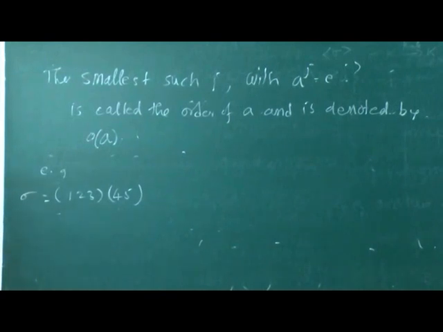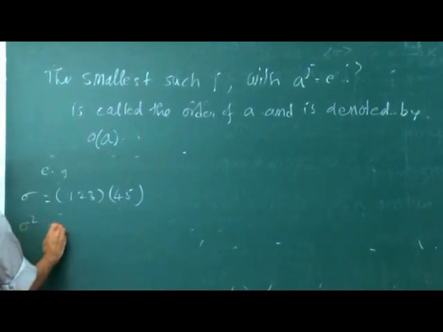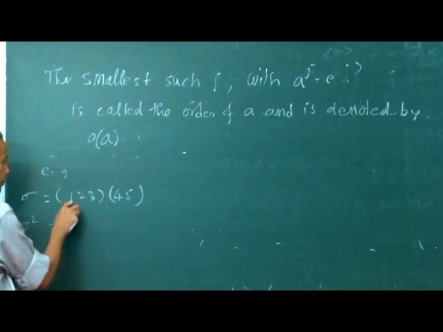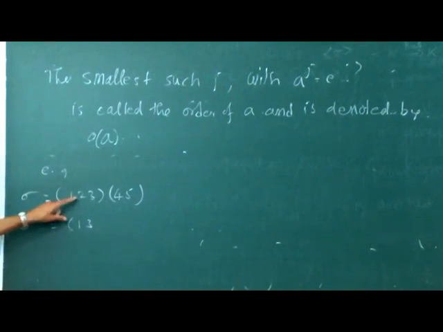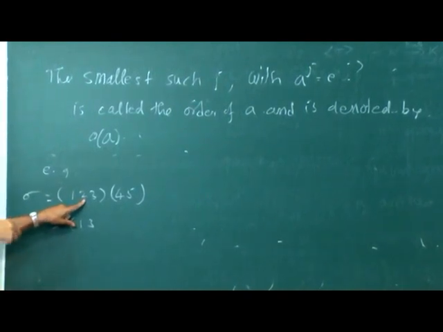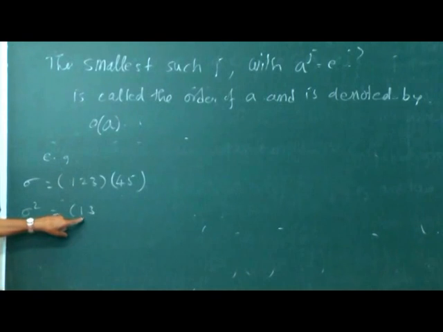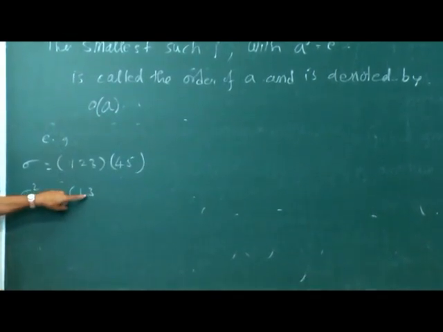Now what happens? Sigma square is, 1 goes to 2 and 2 goes to 3, so it is 1 goes to 3. Under sigma, 1 goes to 2. Then another sigma will take 2 to 3.